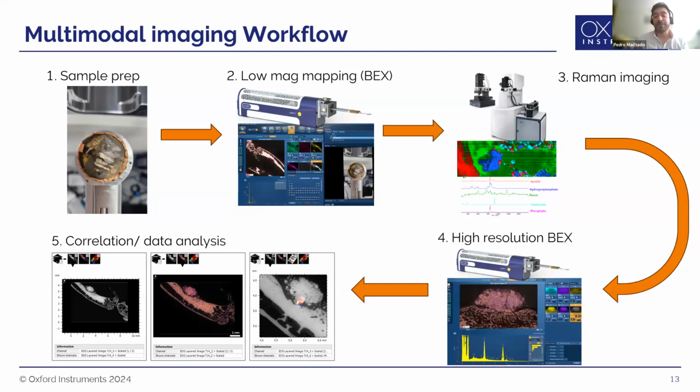After that, the only thing that's left, of course, is the correlation, which, if you have enough images and enough features that you can recognize in every single modality, can be done more or less easily. And here we used our correlative solution Relate, and we found multiple points and were able to match the datasets.